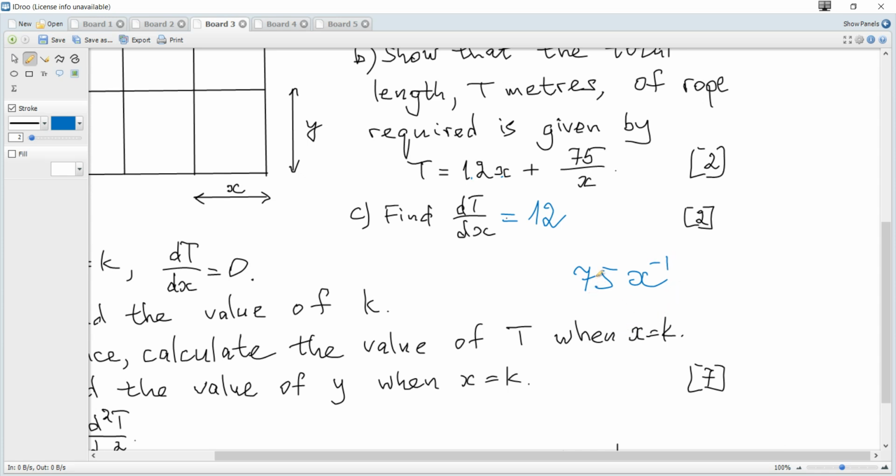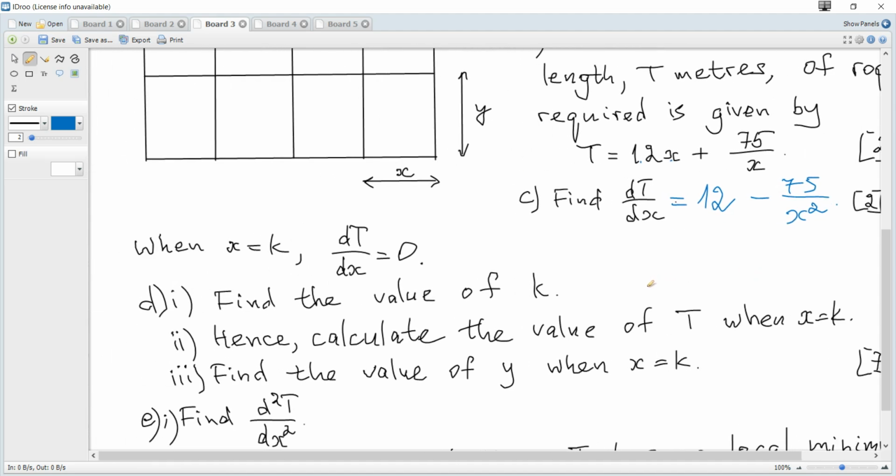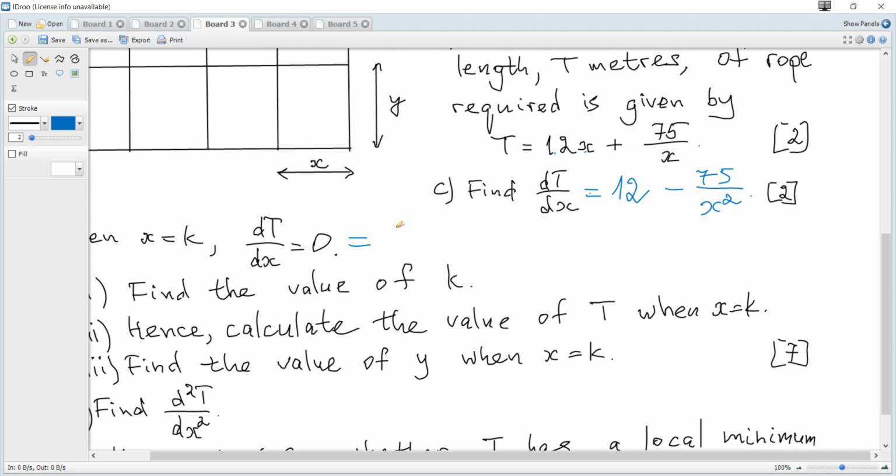Again it's a constant multiplied by a function, so the derivative is 75 multiplied by the derivative of x to negative 1, which is negative 1 times x to negative 2, and x to negative 2 is x to the power of 2 in the denominator, so finally it's minus 75 over x squared.